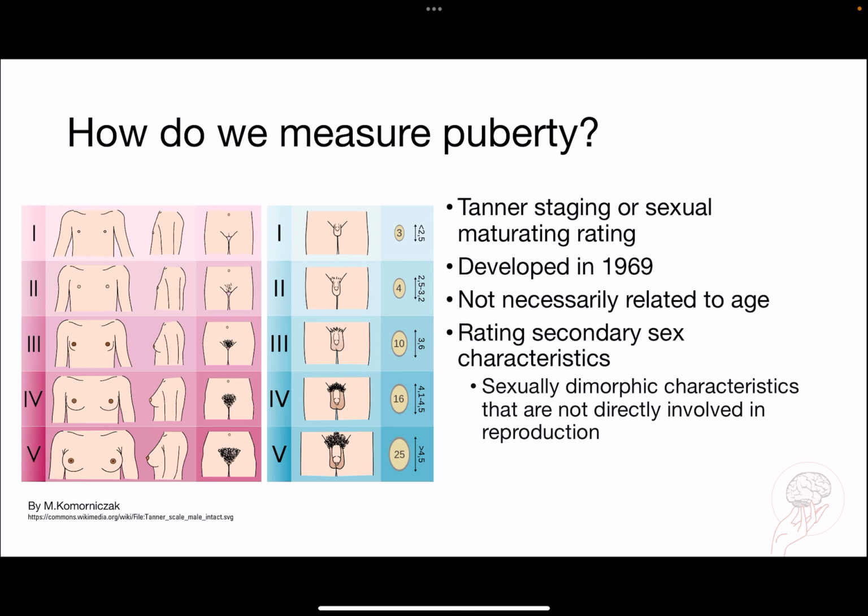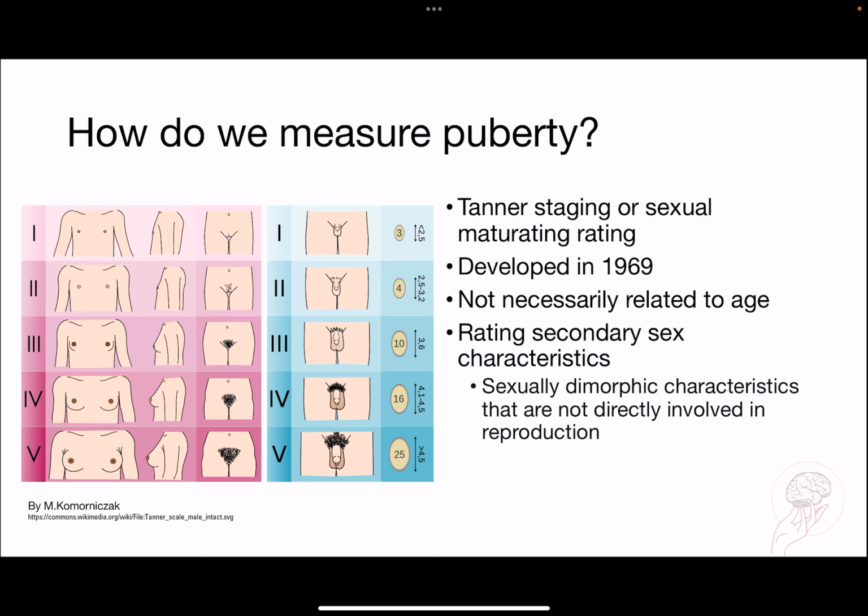So really briefly, how do we measure puberty? We use what's called the Tanner Staging Scale, or Sexual Maturity Rating. This was developed in 1969, and it is a scale that is based on the physical representation of secondary sex characteristics. So that is sexually dimorphic characteristics that are not directly involved in reproduction.